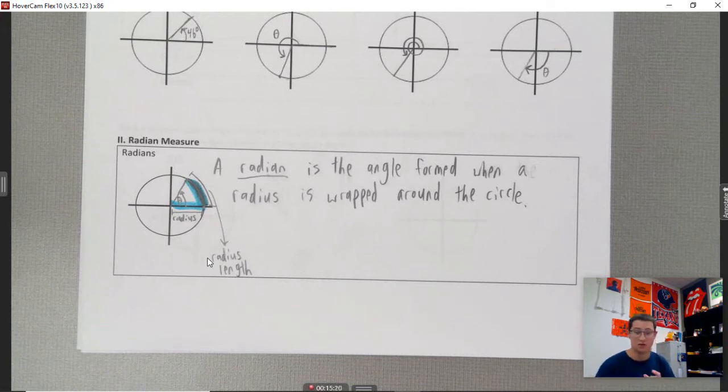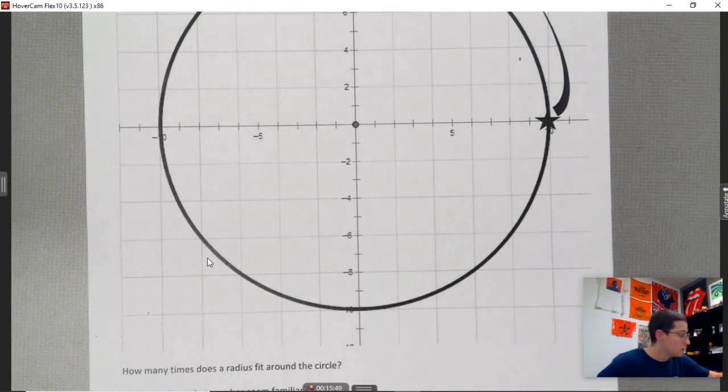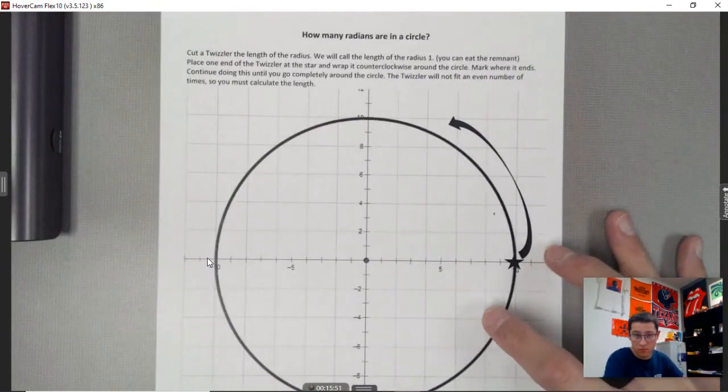If we can understand that, then we can start converting everything, and it'll be kind of full circle, no pun intended. Then we can convert from degrees to radians and understand radians a lot better if we can find what one whole rotation is for a radian. And that's what we're going to find with this awesome worksheet.